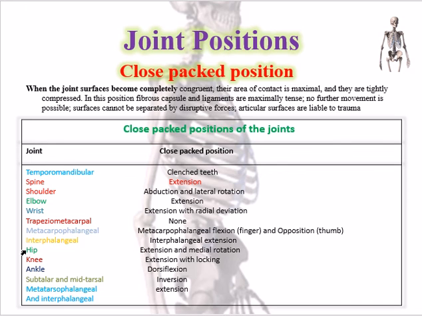Interphalangeal, extension. Hip, extension and medial rotation. Knee, extension with locking. Ankle, dorsiflexion. Subtalar and mid-tarsal, inversion. Metatarsophalangeal and interphalangeal joints, extension. These are basically closed packed positions of various joints. So you learn these positions when you practice on yourself.